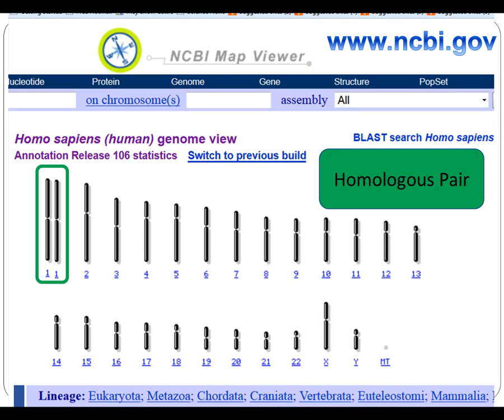There's not a lot of variation, but there's enough to keep us as a human race variable.